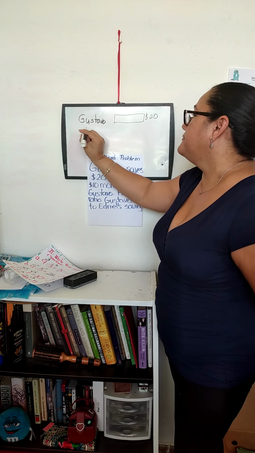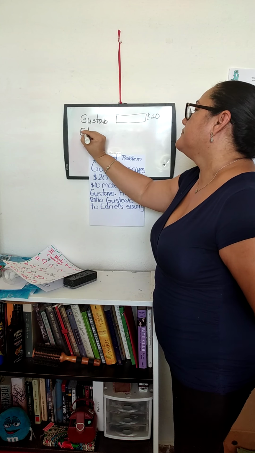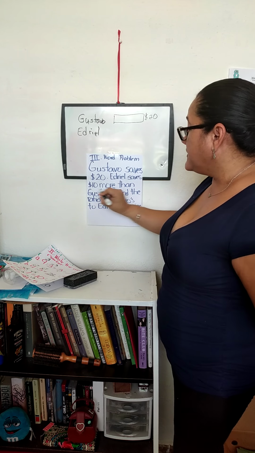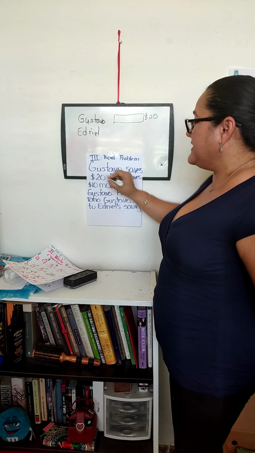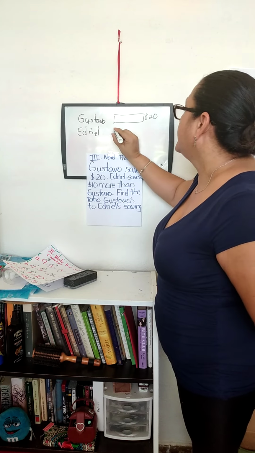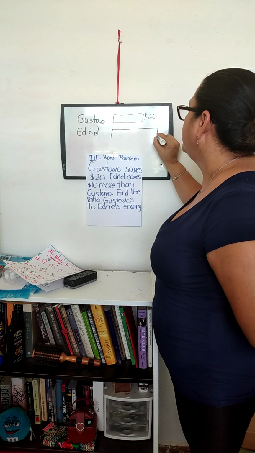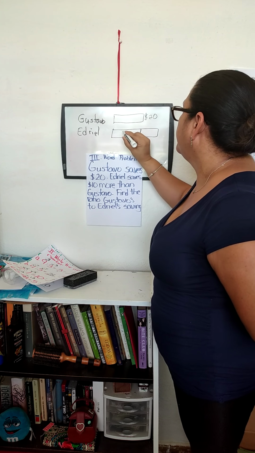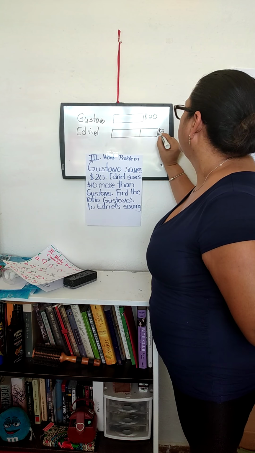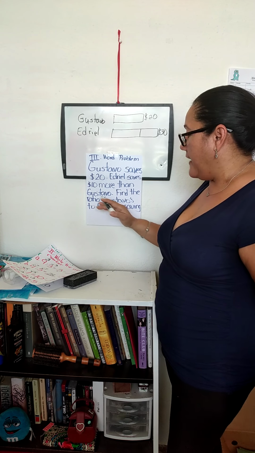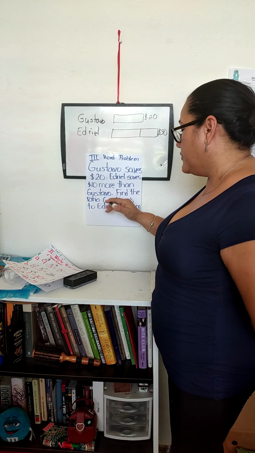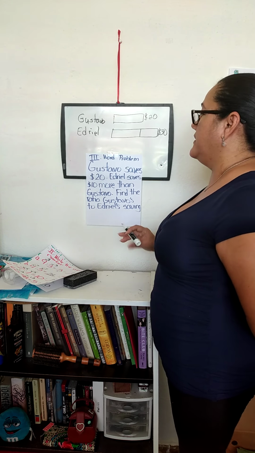And Adriel saved 10 more. So how much is 10 more than 20? 30. So here we have 30. Okay, find the ratio from Gustavo's to Adriel's savings.